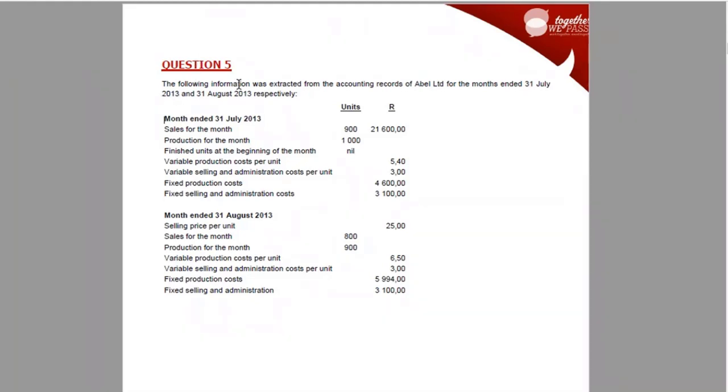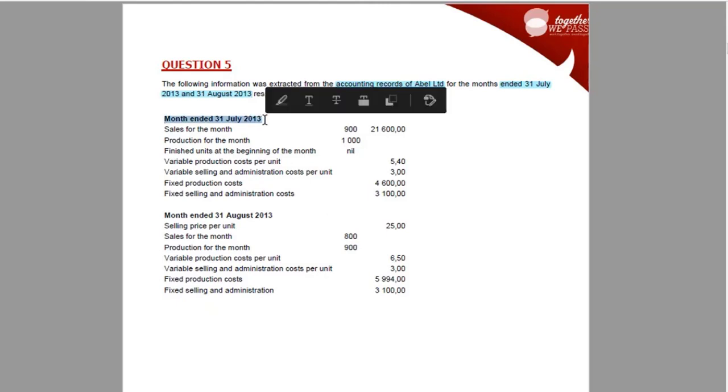Question 5 talks about the company Able Limited, and they give us information for the months ended 31 July 2013 and 31 August 2013. So it's 2 different months.